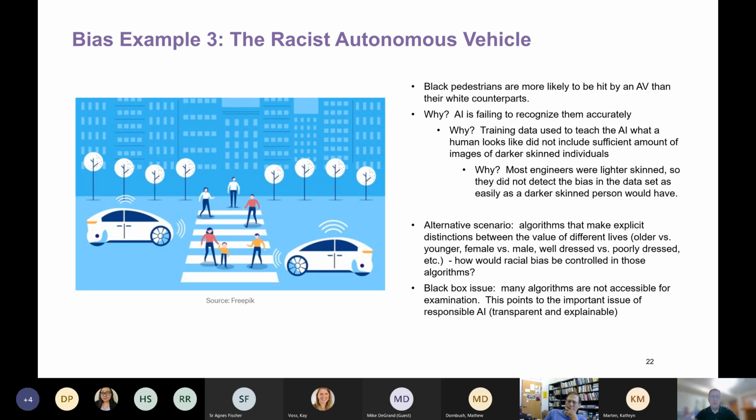So that would actually be the scenario that's even worse if the algorithm had some explicit distinctions based on race or characteristics that lead to race, and was biased on that basis, because that's not an unconscious bias. That would be an explicit bias being built into the AI.